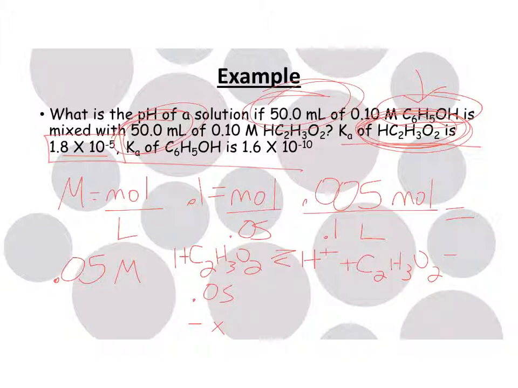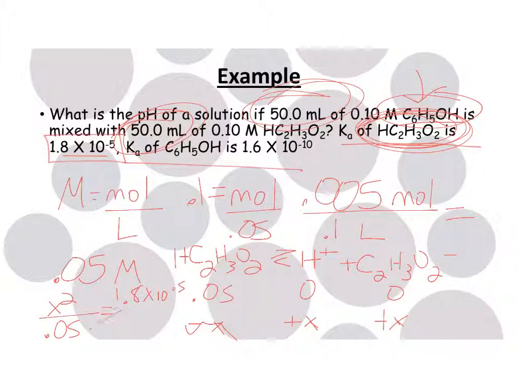We're going to lose this, and then these we don't have any of, so we're going to be adding plus x. So you end up with x squared over the 0.05. Remember, we can scratch off the minus x part because Ka is a small number. So 1.8 times 10 to the negative fifth.